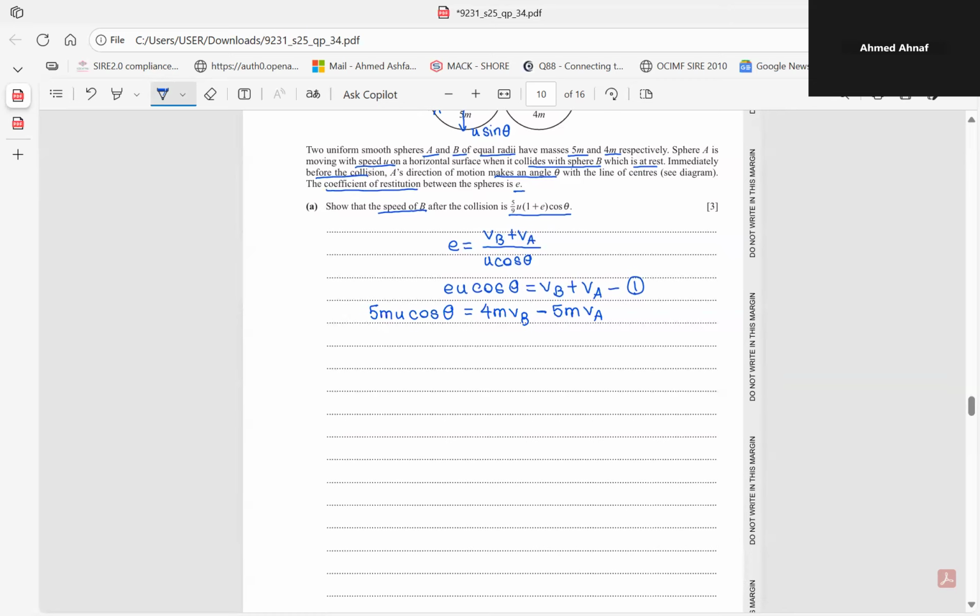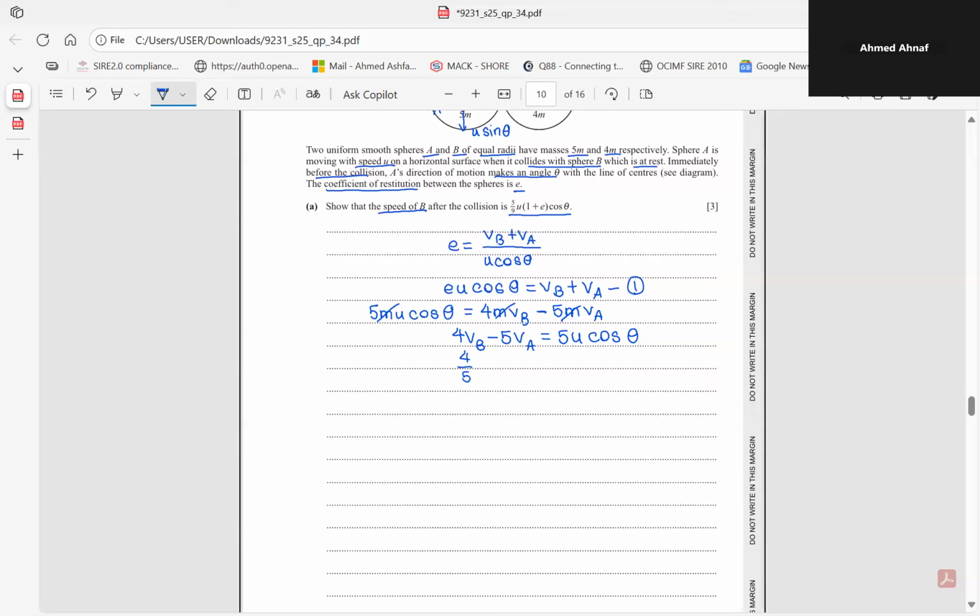All right, so cancel out the m. You would get 4VB minus 5VA equals 5u cos theta. Okay, now let's divide both sides by 5. You'll get 4 over 5 VB minus VA equals u cosine theta. So this is the second equation.